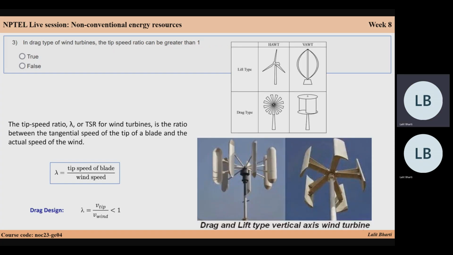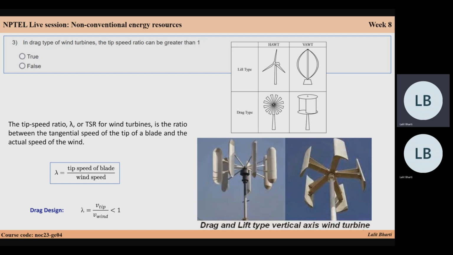Now we'll see the next problem. This is our third problem.